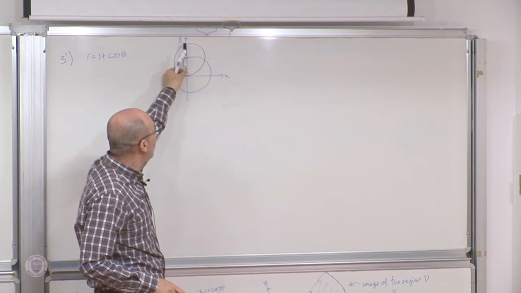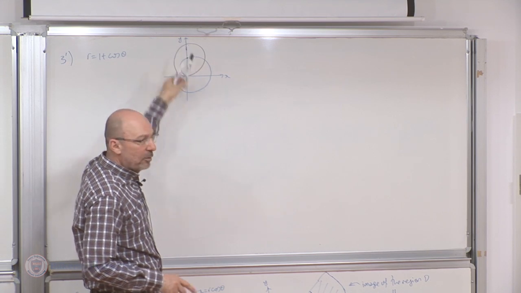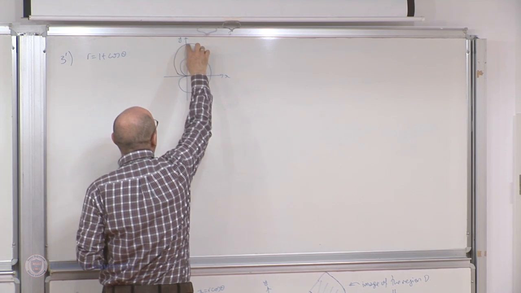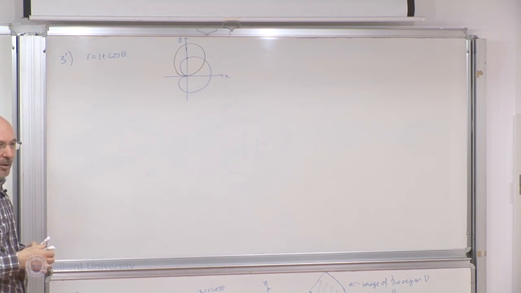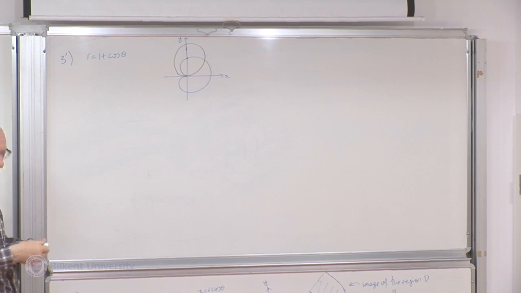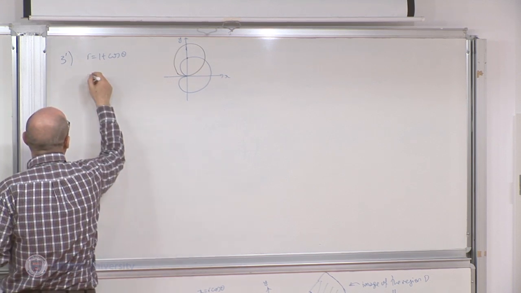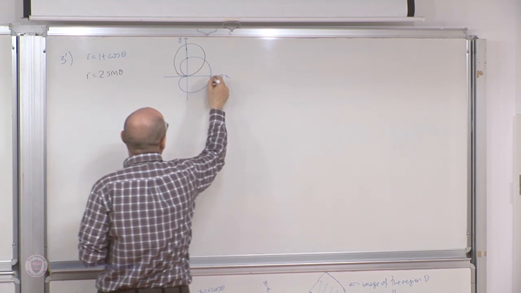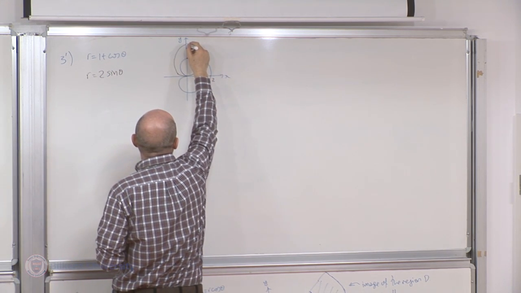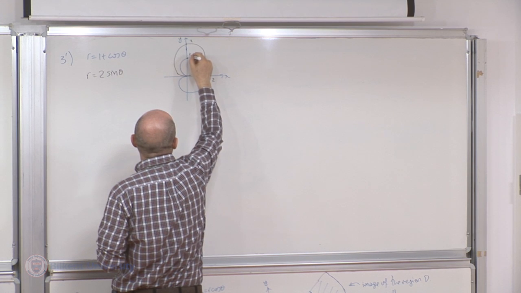And when we come here, it is 2, because if this is the center, when it comes here, it must be 2. So r equals 2 sine theta will probably be correct. Okay, so r equals 2 sine theta. This part is 2, this part is 2, this is 1.